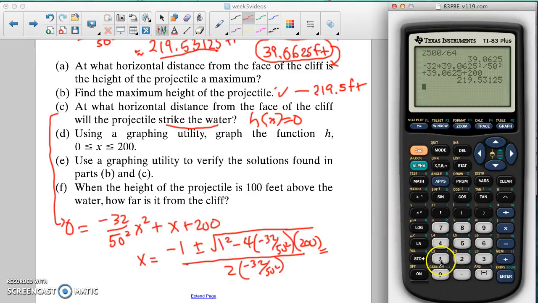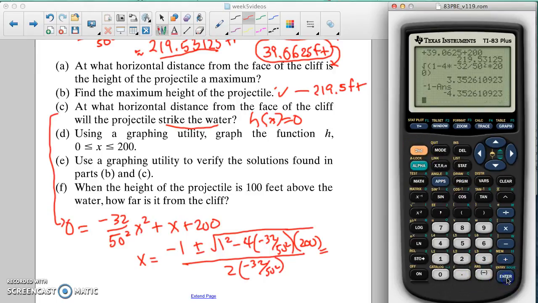So square root of 1 squared, which is 1, minus 4 times negative 32 divided by 50 squared times 200 is going to equal 3.325. Okay, then we're going to say we want the negative of that, so we're going to do minus 1 minus our answer, which is 3.325.